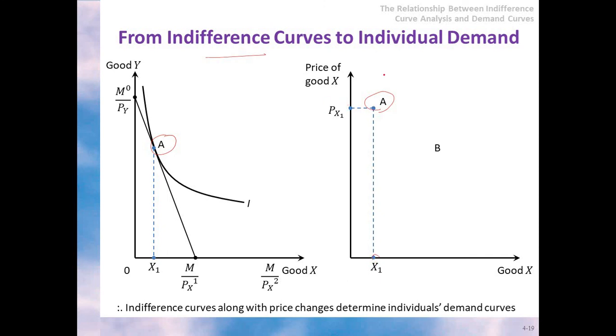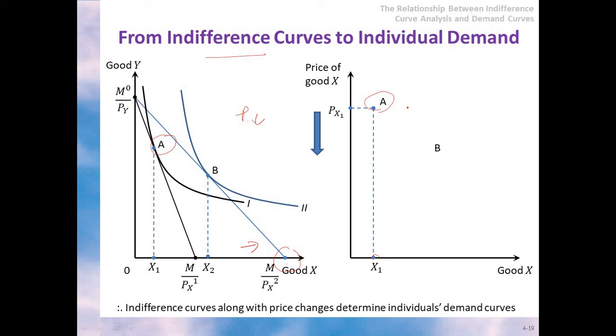We have seen that if the price of good X decreases, the budget line will rotate to the right. We can have more of good X, and then we can have a higher indifference curve. The consumer equilibrium will move from point A to point B. You can see this corresponds to the individual demand curve here.